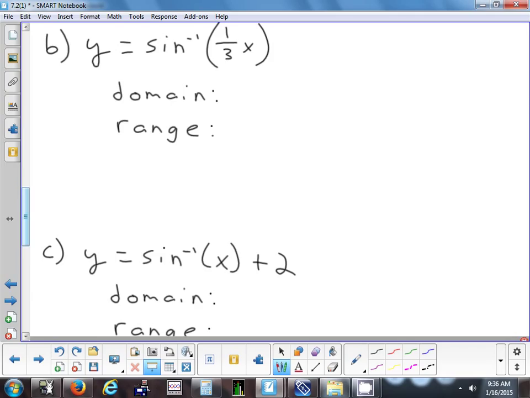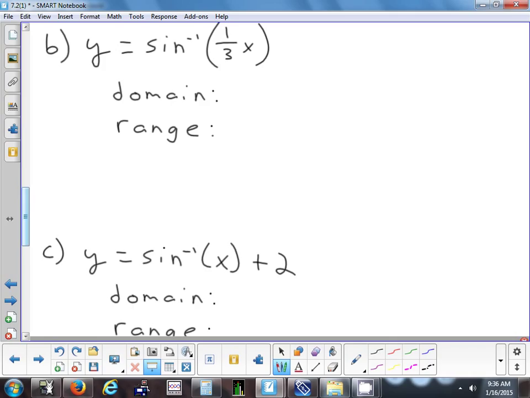What's the domain going to be in C? Nick? Negative 1 to 1. Yeah, we haven't done anything to the domain. The only things that would affect the domain is if you had something in the parentheses.